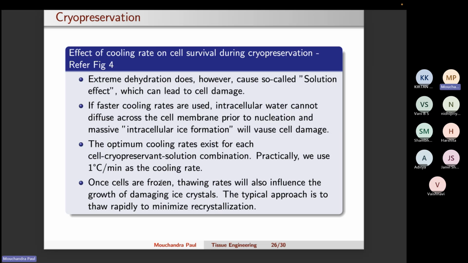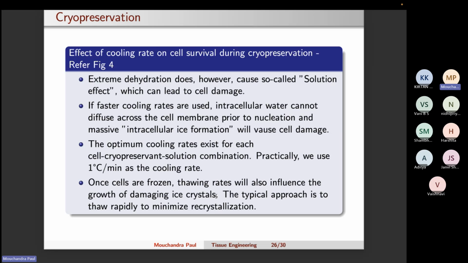Now once cells are frozen, we have to thaw them. Suppose your lab is contaminated and you have thrown off all the cells, and you have to start culturing again. You have to take out the stocks from the liquid nitrogen tank and thaw them.